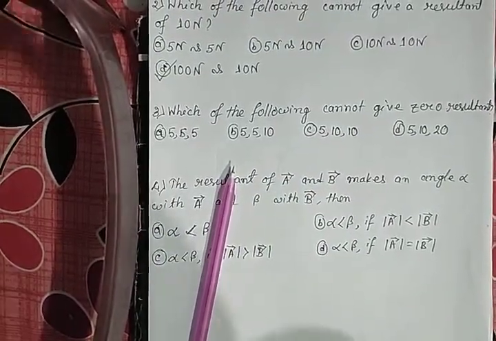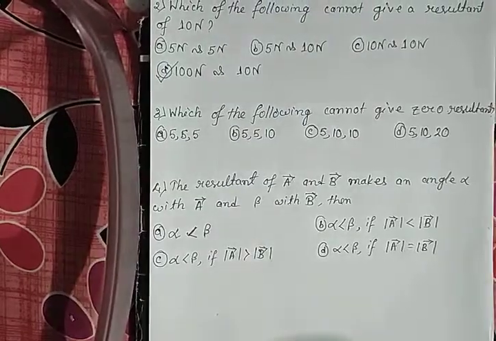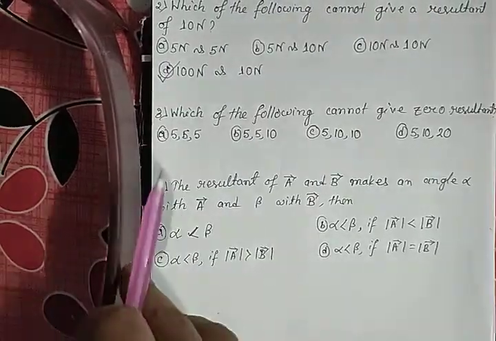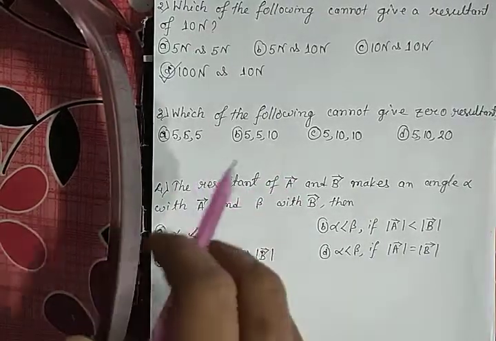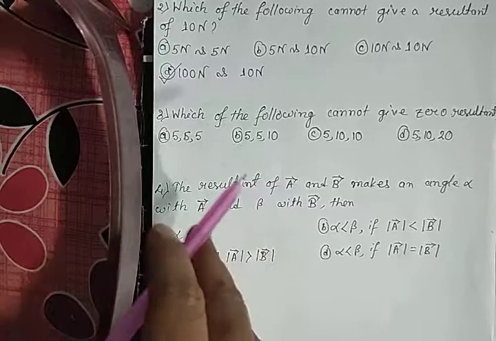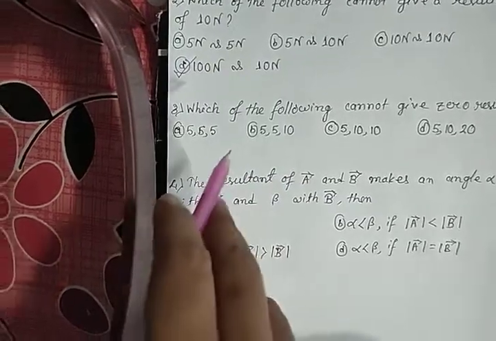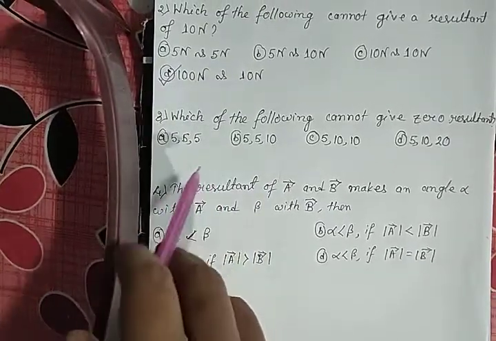If the three vectors can be represented by the sides of a triangle, then the resultant can be 0. So can we arrange them in a triangular shape?